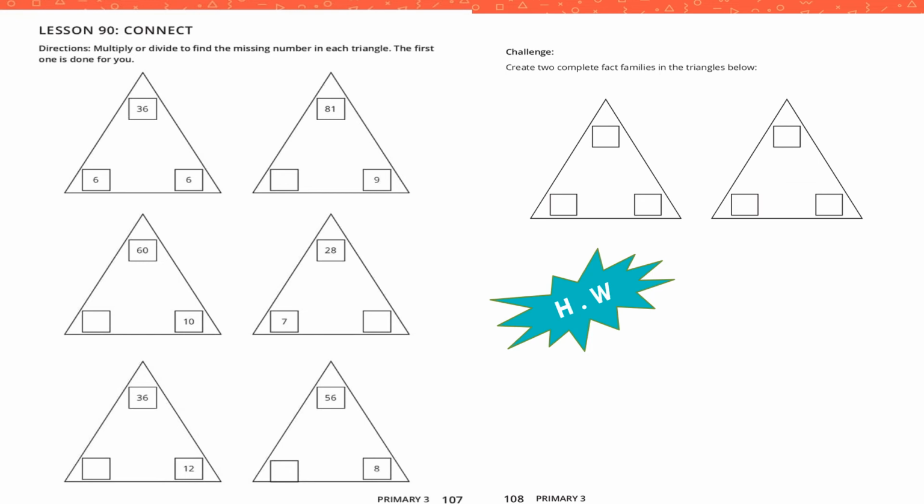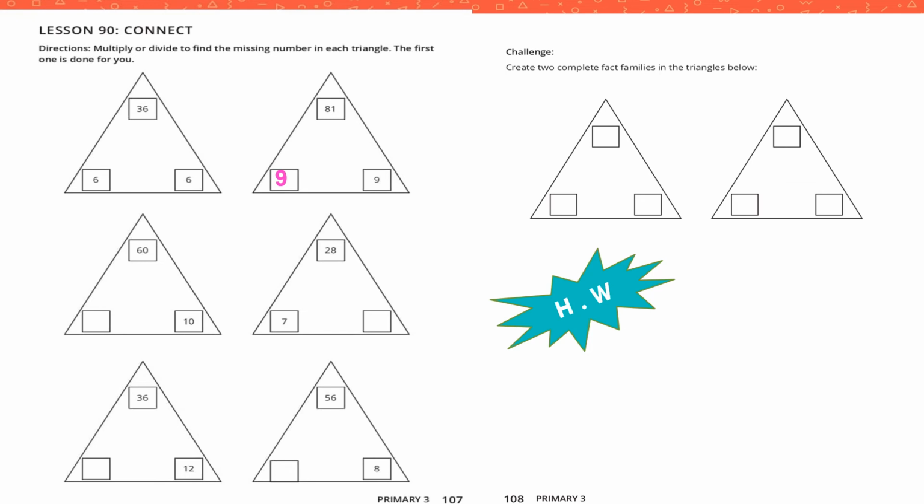The number on the top is the biggest number in the triangle, and 9 is small. We want to get the missing number on the other side. What shall we do? I will ask you a question. 9 times what equals 81? Yes, 9 times 9 to get the biggest number, 81.